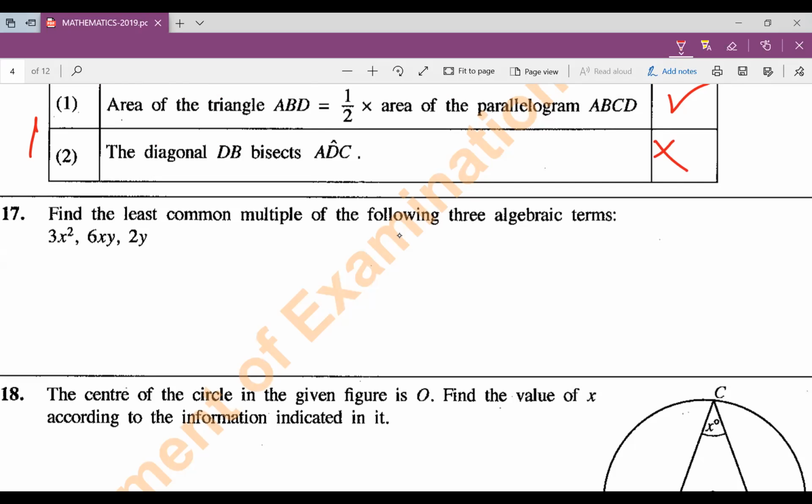Hello, sorry for the wait. So find the least common multiple of the following three algebraic terms. So it is 3x square, 6xy, and 2y. First of all, you have to write the 3x square here and then 6xy here. So better if there is enough space, so I'm taking this to another screen.